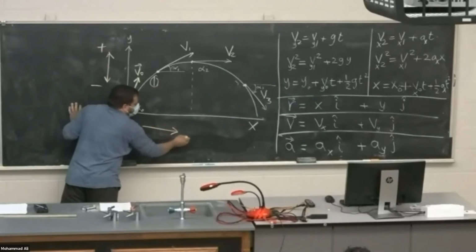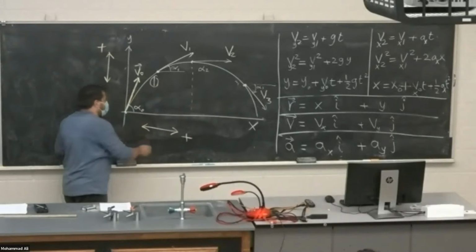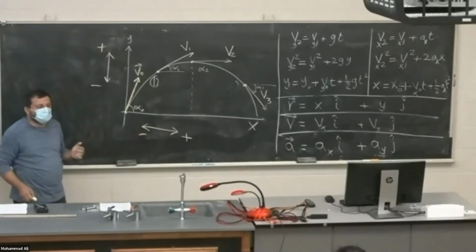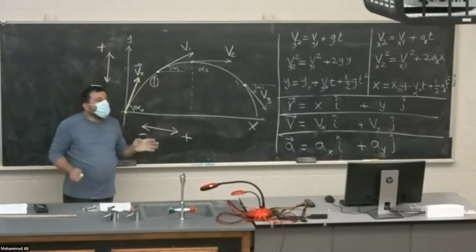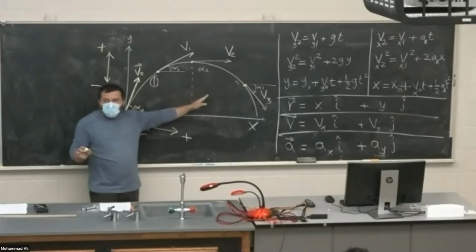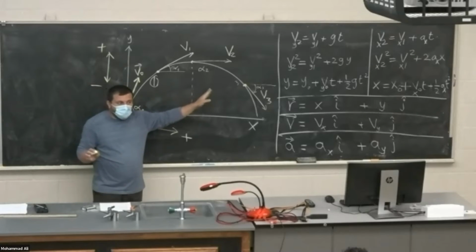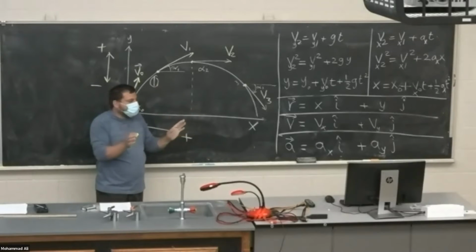For x, we can consider this the positive and this the negative direction. The third point, we don't have any friction force due to the air. Our experiment is in an ideal space.